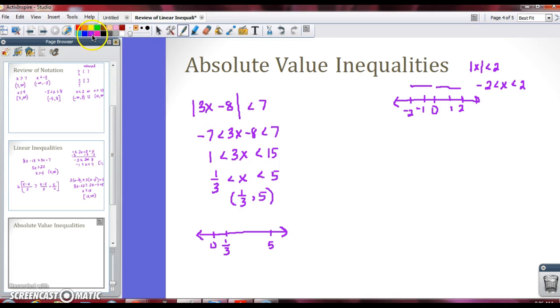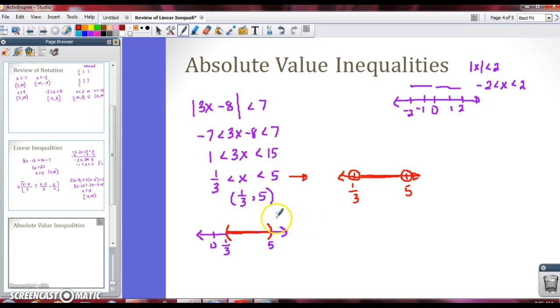Because I have parentheses here on my number line, I would also have parentheses, and I would fill that in there, okay? The other way of doing it would be with this notation here, and you probably remember doing it like this, where you have 1/3, and you have 5. And because it's less than, you have an open circle here and an open circle here, and you would fill those in.